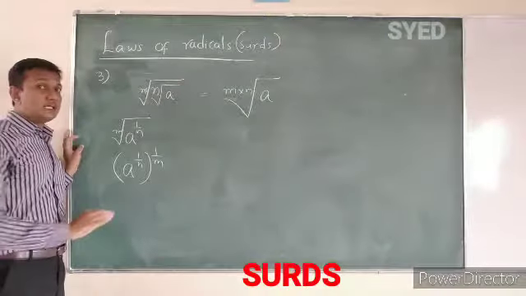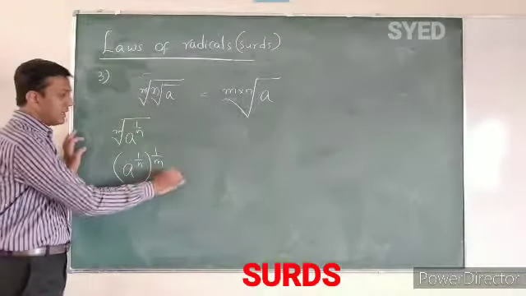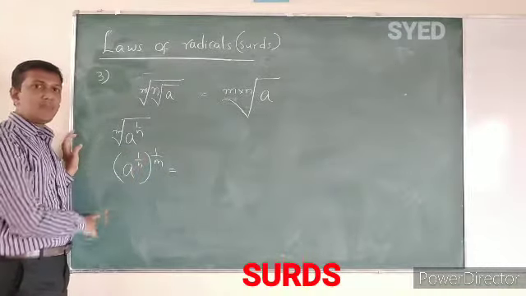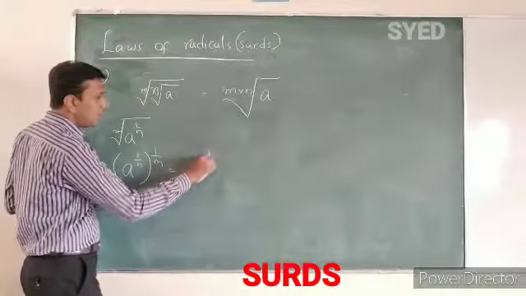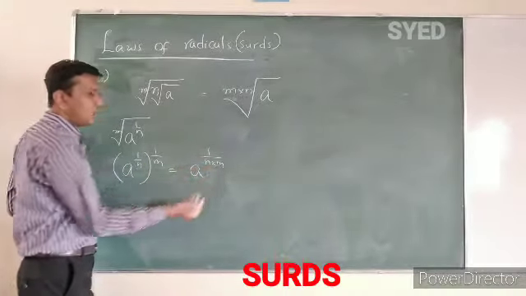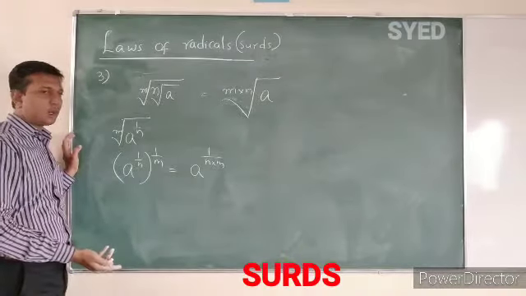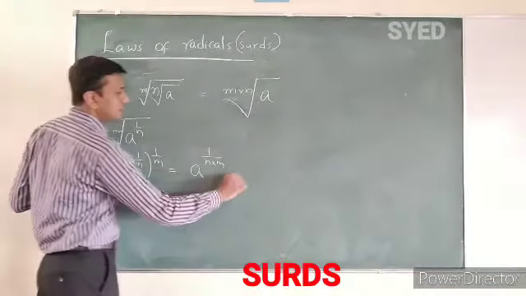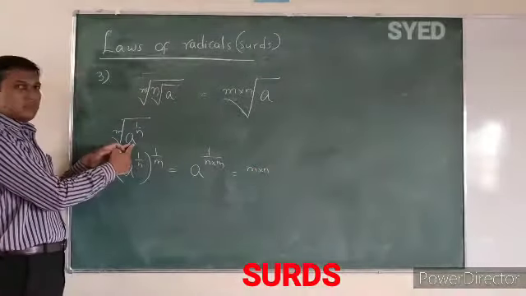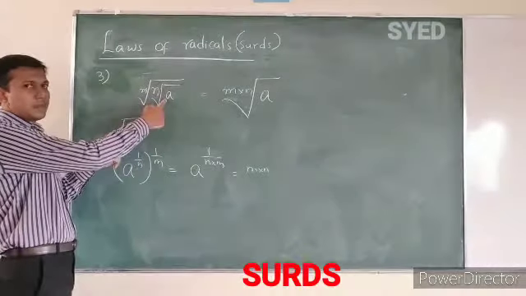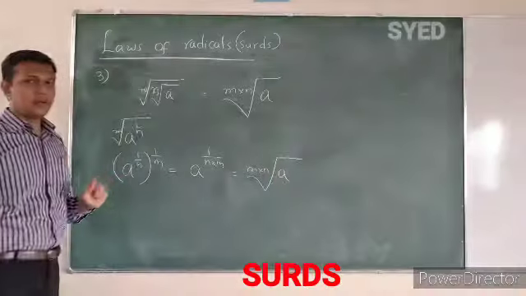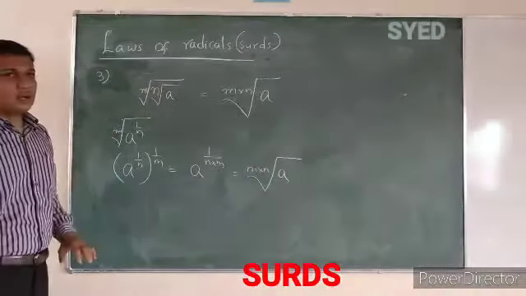In laws of exponents in school, you have studied that if the same base has two powers, we can multiply the powers. What is the power here? 1 into 1 is 1, n into m. n into m or m into n, commutative property. So this can be written as the m n th root of a. Clear? So this is the third law.